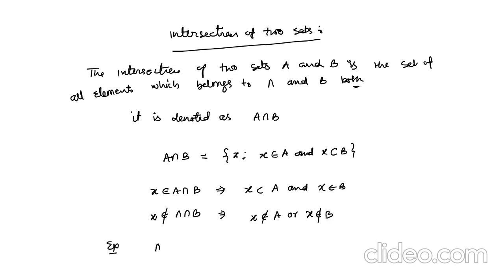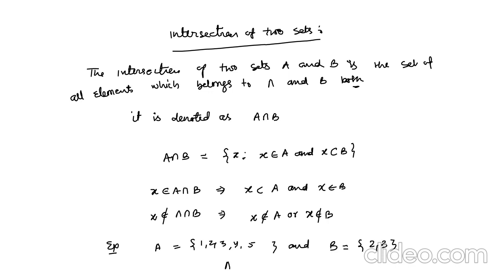Numerically, we can consider an example. Set A has 5 elements, 1, 2, 3, 4, 5, and set B contains some elements.